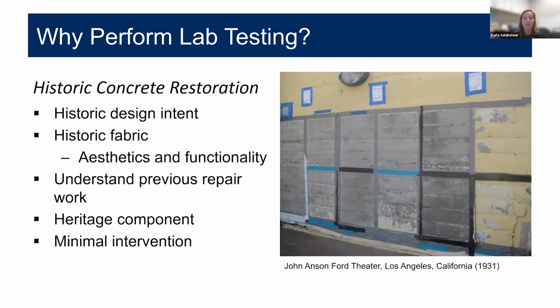There's also a need for minimal intervention, whether that's related to sampling or the types of materials present, but it may relate to the procedures used during repairs as well. And so the picture here is an example of trials of paint removal using strippers to try to not affect the natural board form finish texture for concrete repairs at the Anson Ford Theater in Los Angeles, originally constructed in 1931.